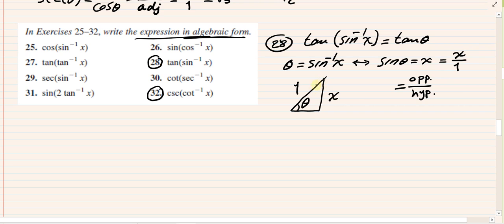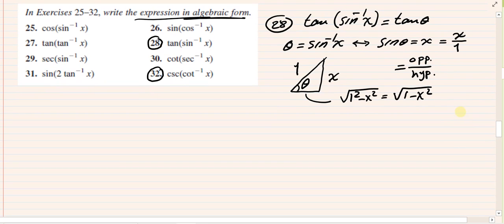Now from Pythagorean, this side has to be square root of 1 squared minus x squared, which is root 1 minus x squared. Right? That's from the Pythagorean theorem. And when you establish your triangle, then I can find tangent of theta directly from the triangle.